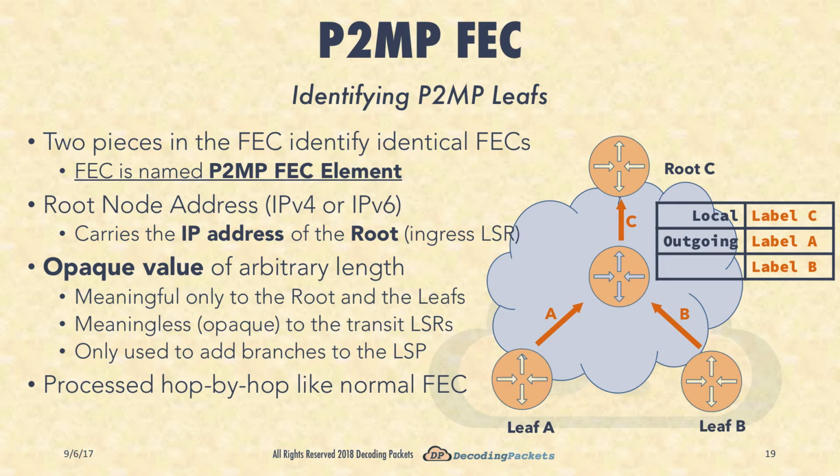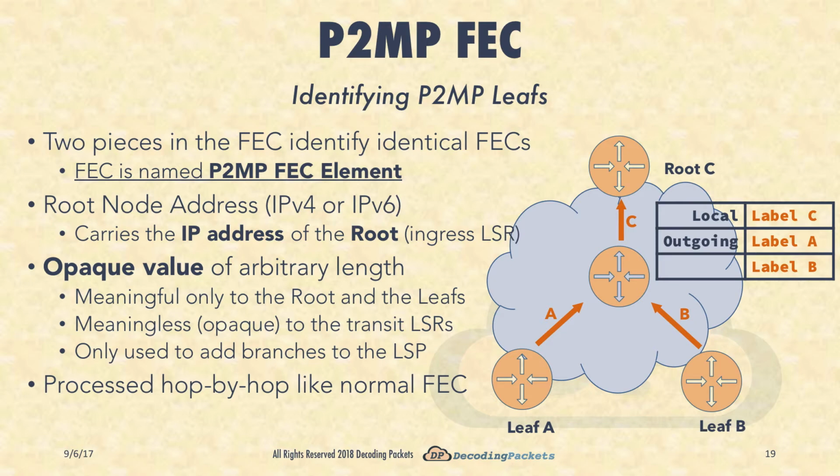All the LSRs that desire to become the leaves of this P2MP LSP must use this FEC to signal this intent to their upstream LSRs. More importantly, the content of the FEC must be identical across all the leaves.